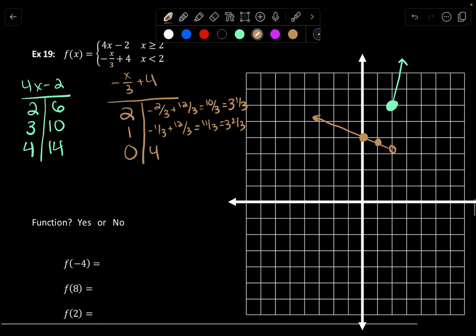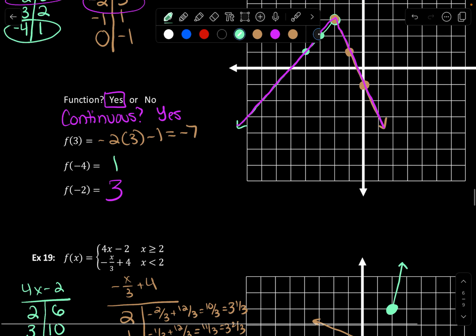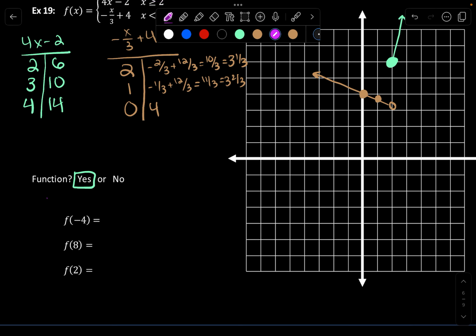All right, is this a function? So the question is, does it pass the vertical line test? Well, if I scan across, at no point does the function hit my pen twice at once. So that means yes, it is a function. Now the question is, is it continuous?